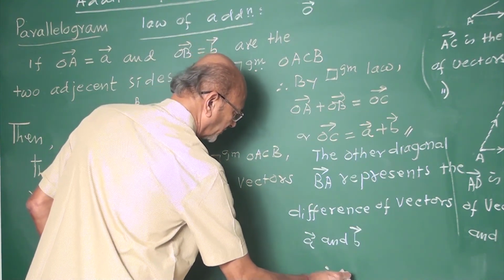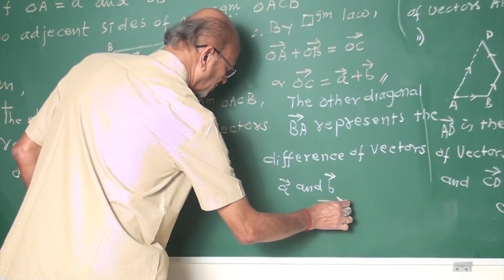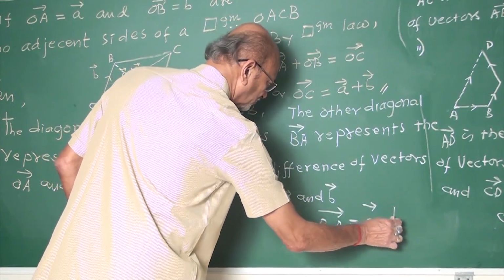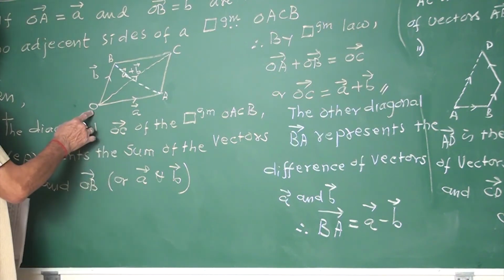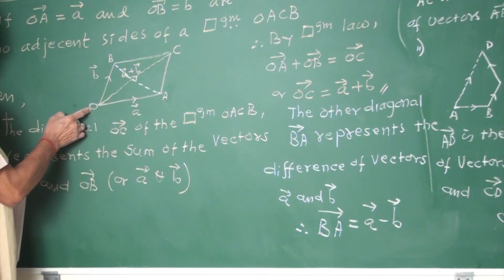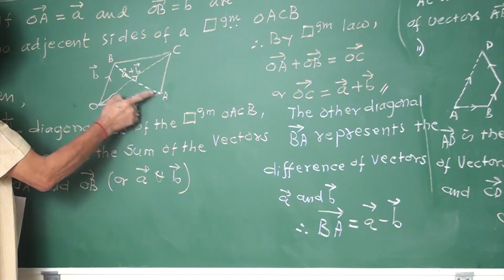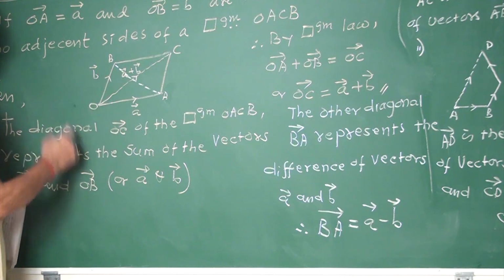Again by parallelogram, the diagonal BA, other diagonal, is nothing but difference of vectors A and B. This represents A minus B. OC co-initial is A plus B. Other diagonal, not AB, BA. Diagonal BA represents the difference A minus B.